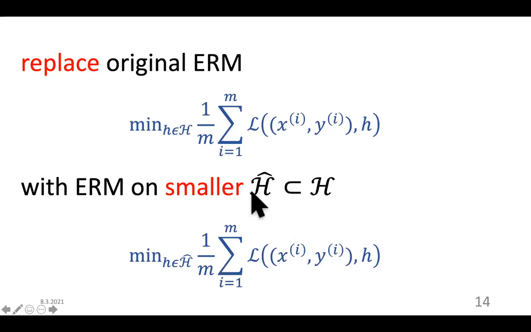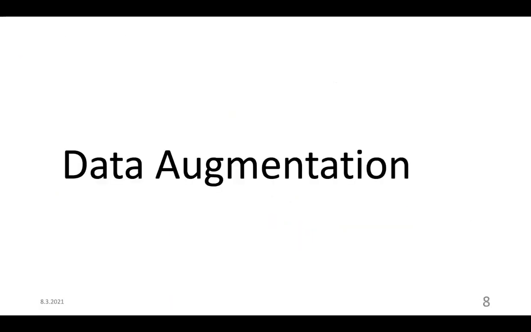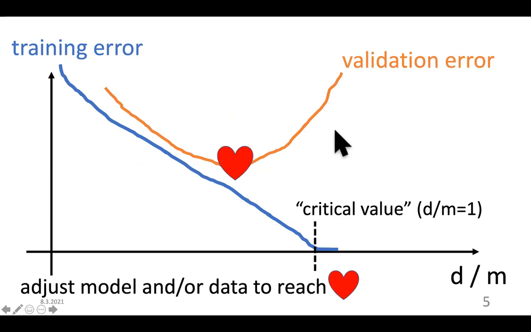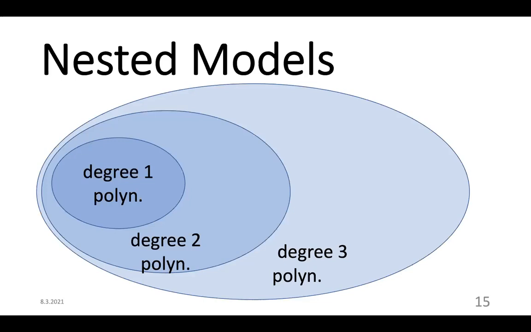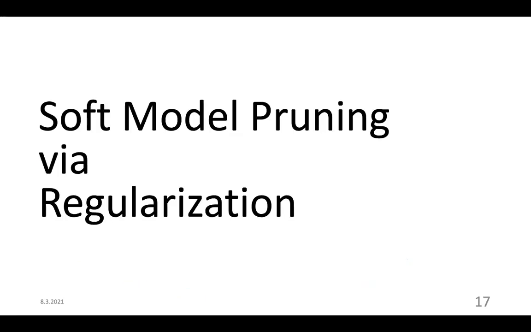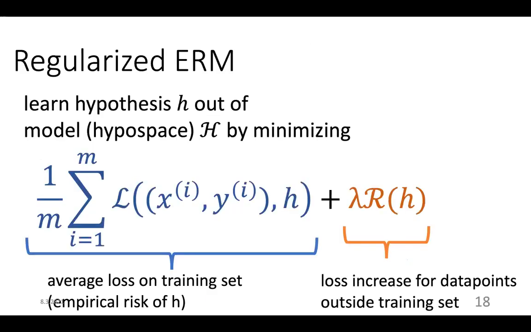In this way, the smaller hypothesis space has a smaller effective dimension, and therefore the hope is to move here to the left. If the hypothesis space is too large, I try to move a bit to the left by making the hypothesis space smaller. It turns out that you can do this by a technique called regularization.